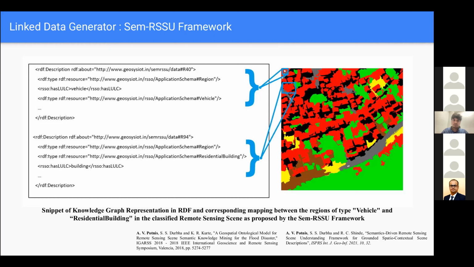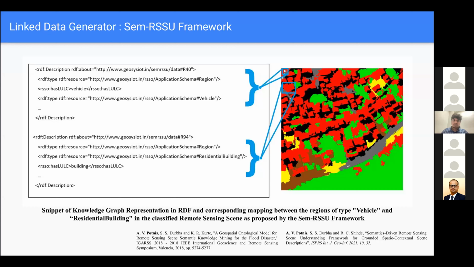To be precise, it was the Srinagar floods of 2014, wherein we intended to have the machine understand what is actually going on the ground, make inferences based on the context and the ontologies that were fed into it, and ultimately result in actionable insights for the disaster management and mitigation personnel. So with that objective, this particular framework of SEM RSSU was formulated.